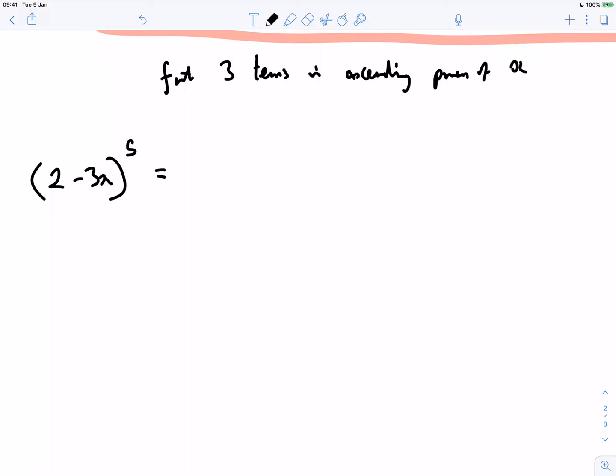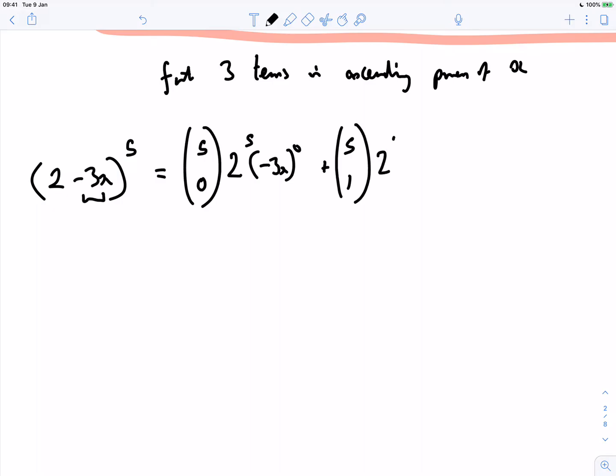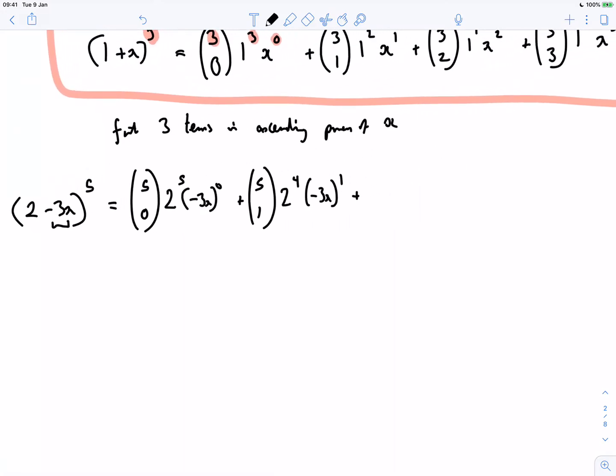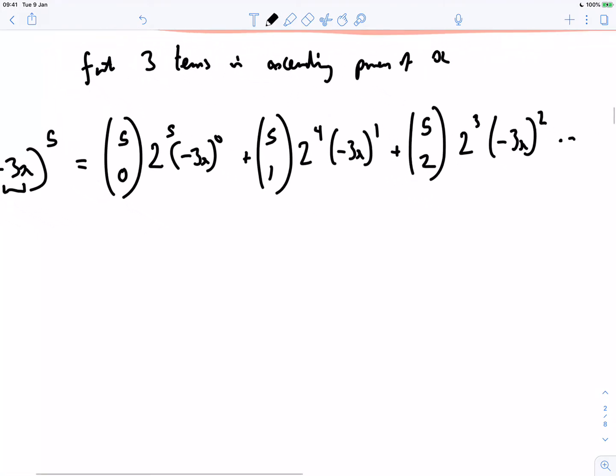Okay, so we're going to have 5 choose 0 of no x's, so everything is the power 2. And I could write minus 3x to the 0 if you wanted to. Please be careful with the sign. Plus 5 choose 1 of 2 to the 4, and now this is minus 3x to the 1, plus, and then I wanted the first 3 terms, so one more term, so this is 5 choose 2 of 2 to the power 3 times by minus 3x squared. There are other terms, but we'll leave it as that.